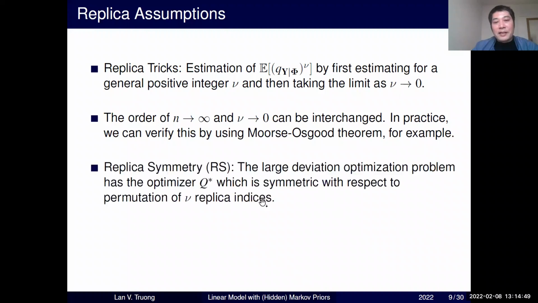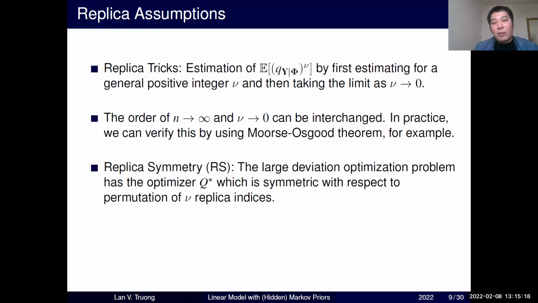And the third assumption is that usually when we use the replica method, we estimate this quantity, which is the posterior distribution. We use a large deviation theorem, and we obtain some results, which is an optimization problem. This optimization problem is obtained by using the replica trick.